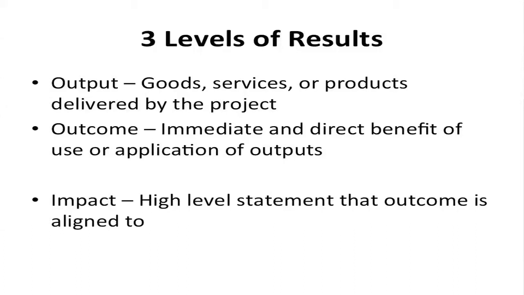The outcome then is the immediate and direct benefit or use application of those outputs. So if it's a road, then the immediate benefit is people driving faster or maybe smoother. Maybe they're able to reach their destination in a shorter amount of time. The impact is the kind of high-level statement at the end of the day. This is what we are trying to align with and drive towards.